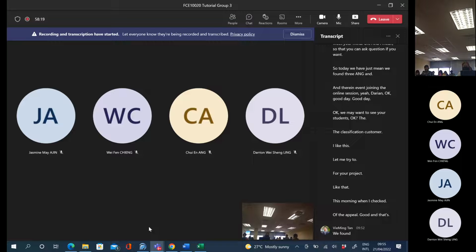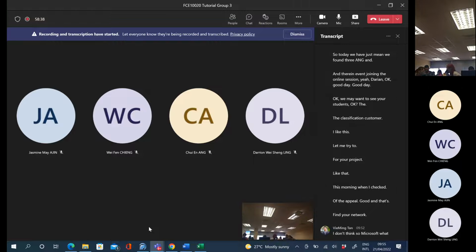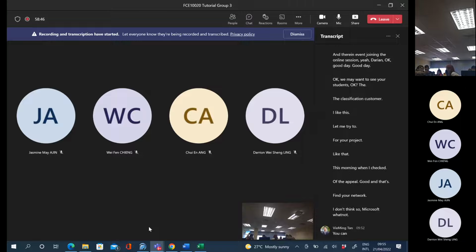So sign your name with this folder. This is the Microsoft Word. Yeah, you can do exercise 1.7 to 1.11.